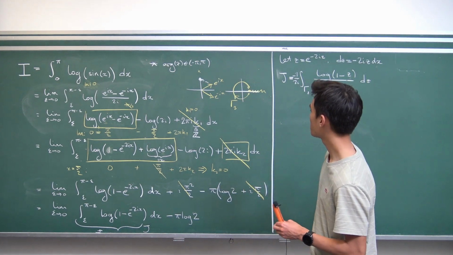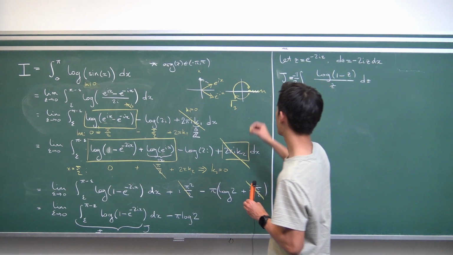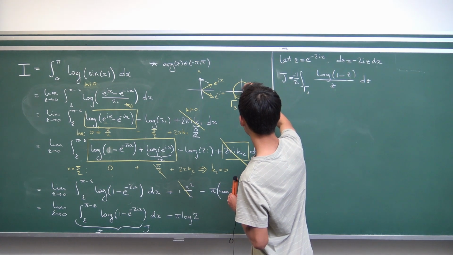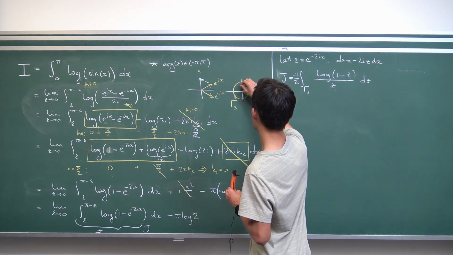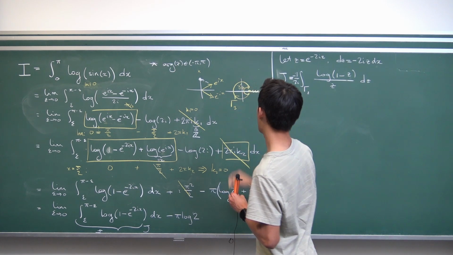So how can we close off this contour? We can just introduce some kind of curvy path in over here, and we might as well call that little path in that little gamma sub epsilon.